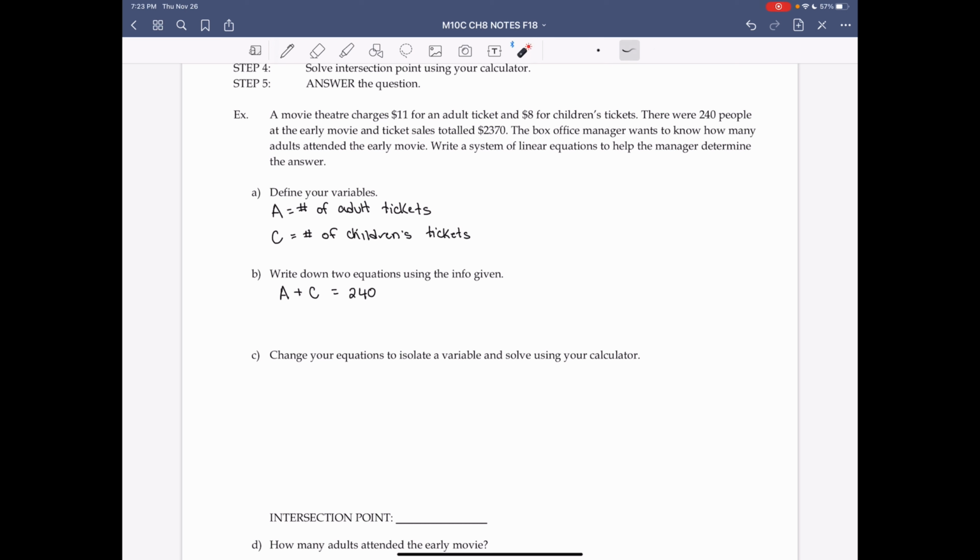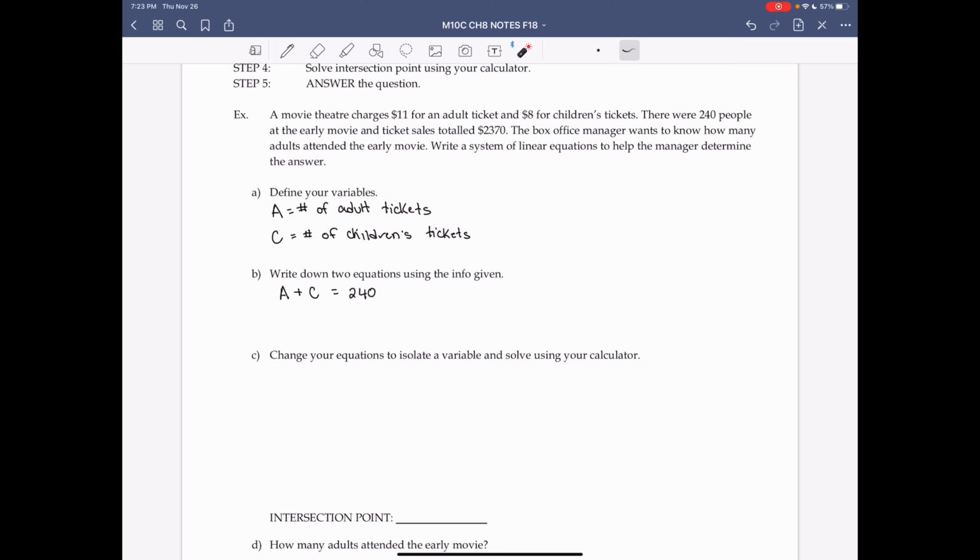The second equation, we haven't used the total sales, $2,370. Can we use that? How would we figure out the sales if our variables are the number of tickets of each kind and we are given the cost of each type of ticket?